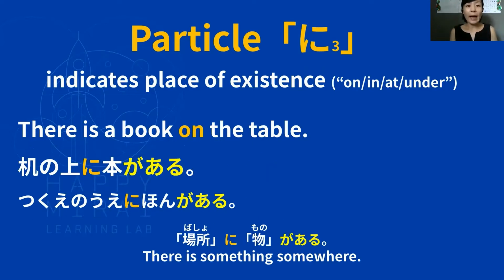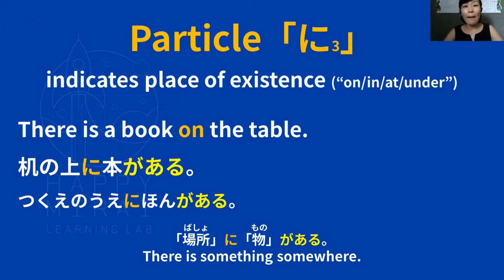Okay, number 3 function, it indicates a place of existence. Here the example: there is a book on the table. 机の上に本がある。At the bottom of the screen, you can see 場所に物がある, there's something somewhere. ある is referring to non-living things, mono.